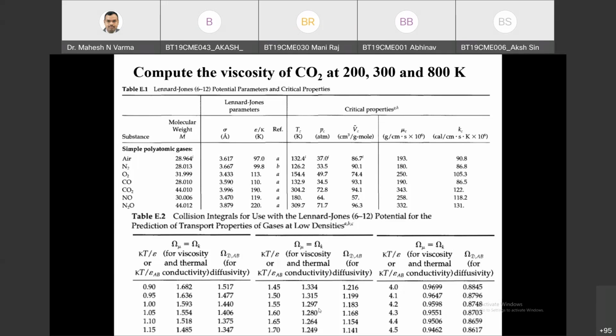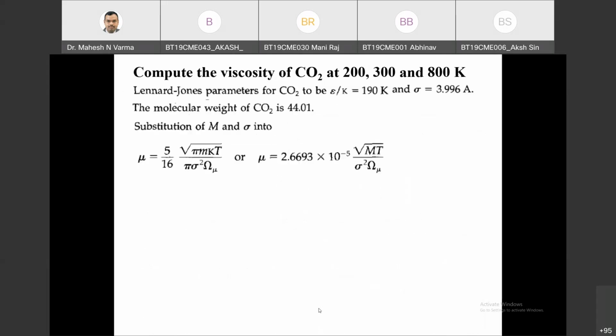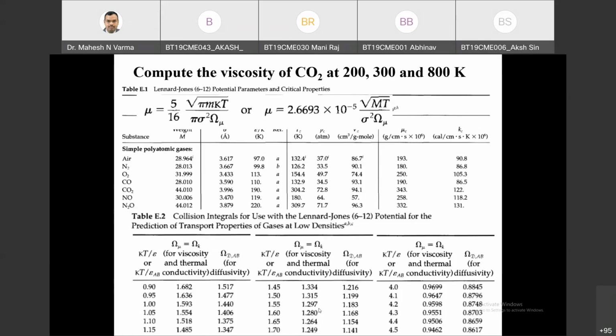So what is the value of the collision integral? 0.9594 around. Okay. And viscosity is? 3.2. Okay, everybody got this?